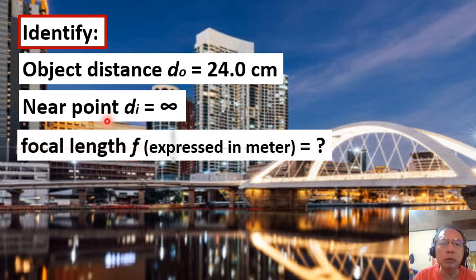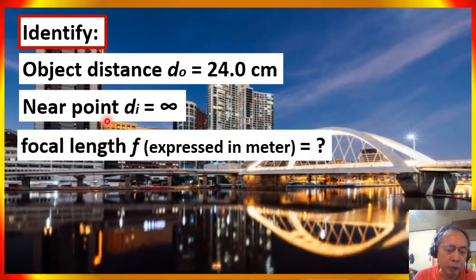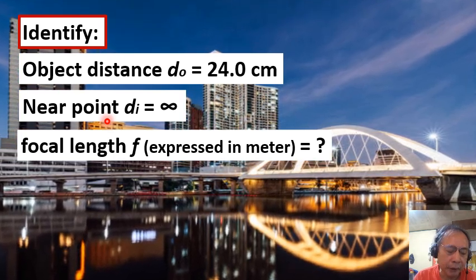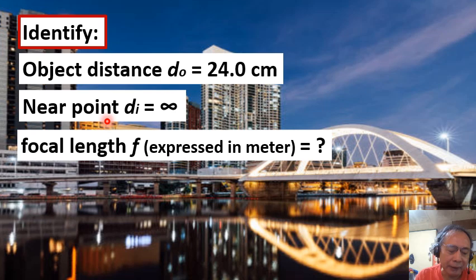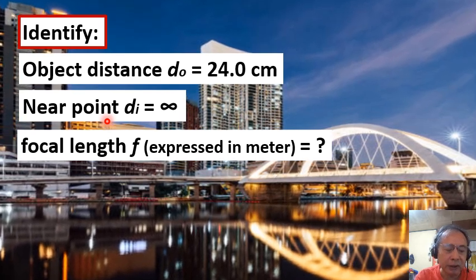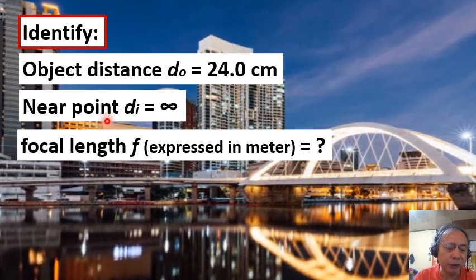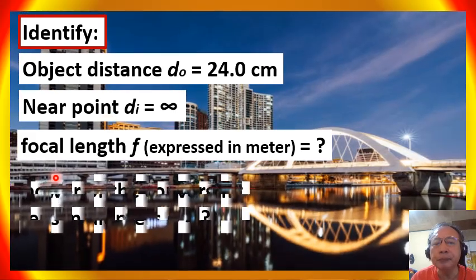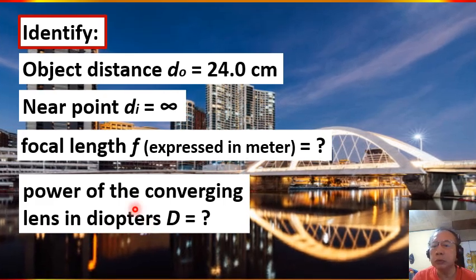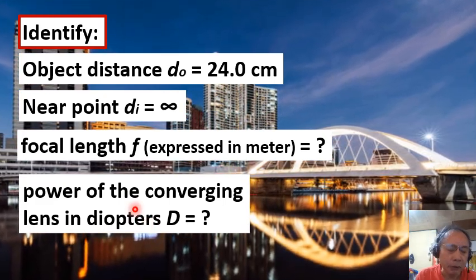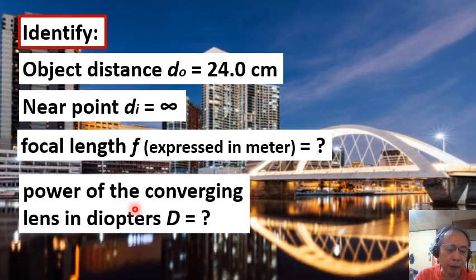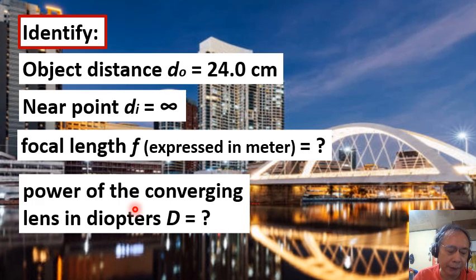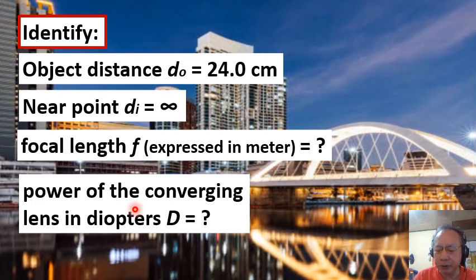So, our goal is to find the required focal length, small letter f, of a contact lens or glasses that would enable the artificial hyperopic eye lens to focus an object at an object distance d sub O. So our target variable is the power of the lens required in diopters.